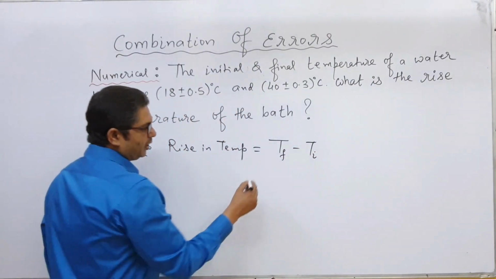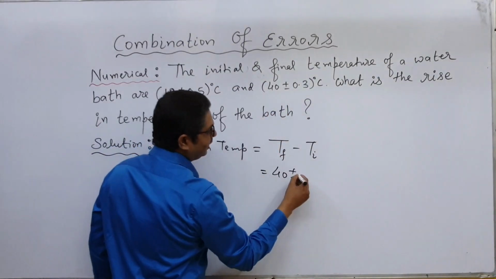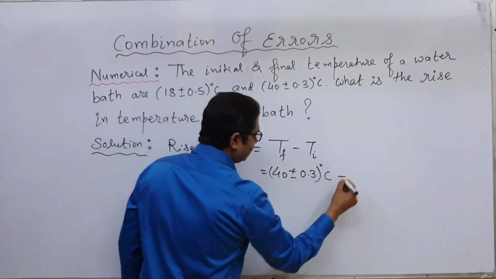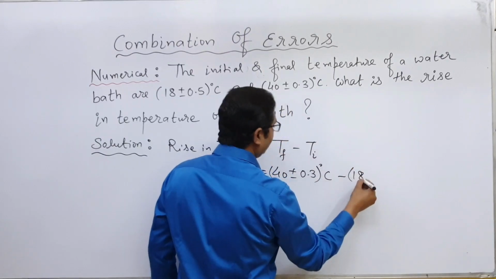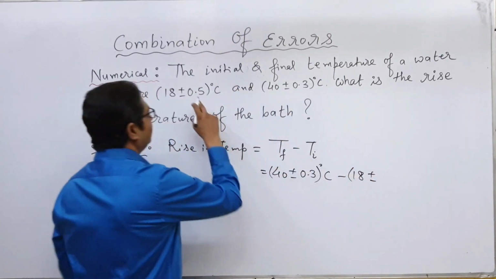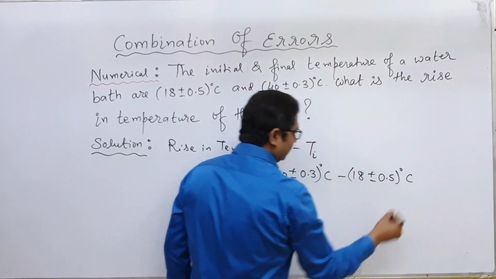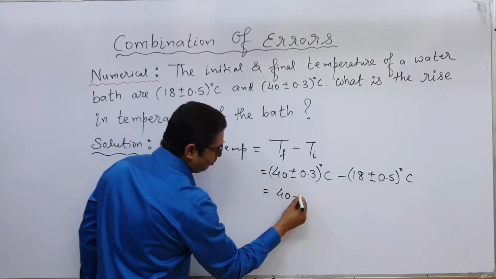What is the final temperature? Final temperature is 40 plus minus 0.3 degrees Celsius, and initial temperature is 18 plus minus 0.5 degrees Celsius. So we can write here 40 minus 18.